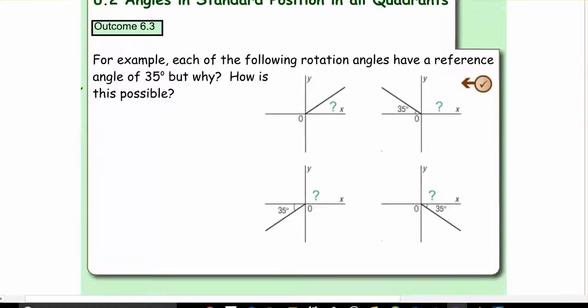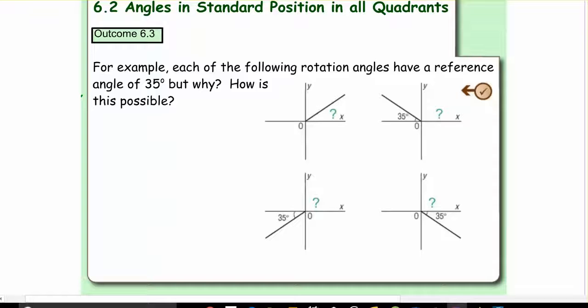Okay, moving on. For example, each of the following rotation angles has a reference angle of 35 degrees, but why? How is this possible? I'm getting at the same thing. This is a rotation angle, and this was a rotation angle, and that was a rotation angle, and the same with this one.